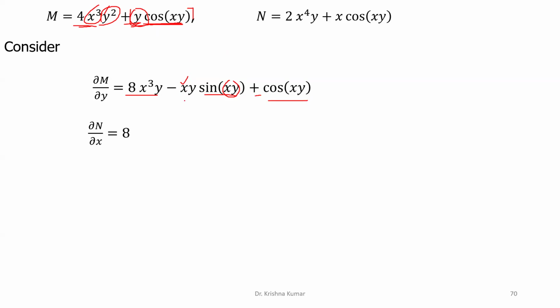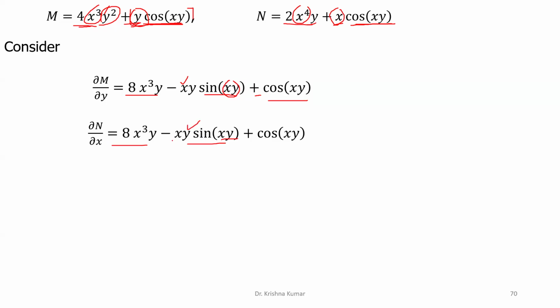Similarly, for the derivative of N with respect to x, we consider y constant. The derivative of x⁴ is 4x³, so 4 into 2 is 8x³y. Again we apply the product rule: the first function is x, the derivative of cos xy is minus sin xy, and the derivative of xy with respect to x is y.